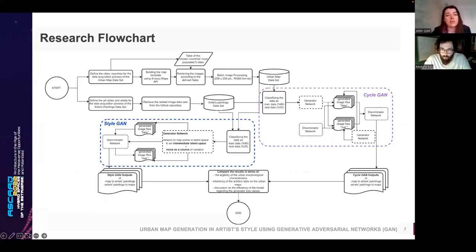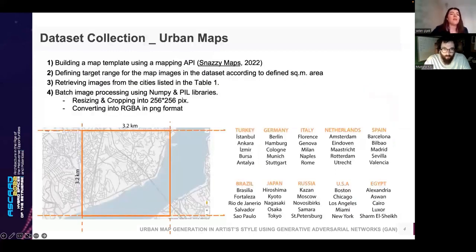To collect the urban map dataset, we used an open source API to produce a map template for batch retrieving the urban map images according to the defined square meter area. After the related images have been collected, they were subjected to batch processing operations to have them in 256 by 256 pixels square RGBA formatted PNG files.